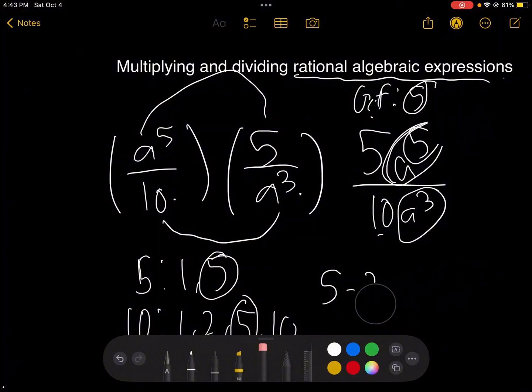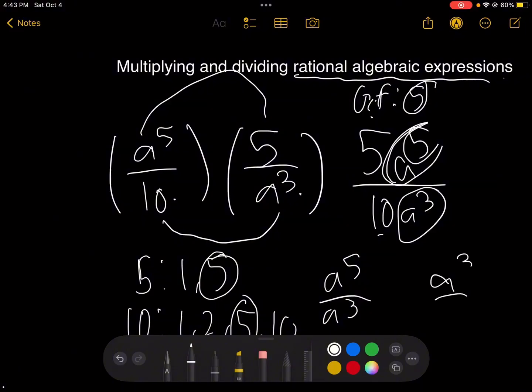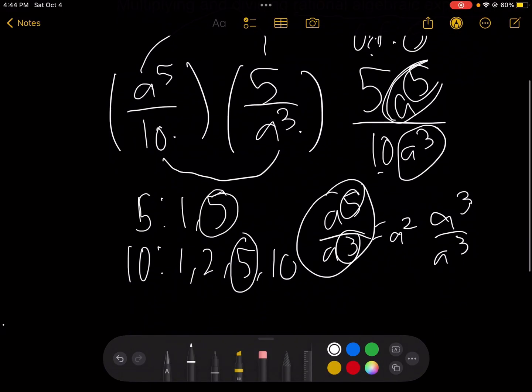So you divide both of them, a to the 5th by a cubed, and a cubed divided by a cubed. This would be a squared, because if you divide variables with exponents, you subtract their exponents. So it's only 2 here. Here it's 3 minus 3, which is 0, a to the 0, which is equal to 1.